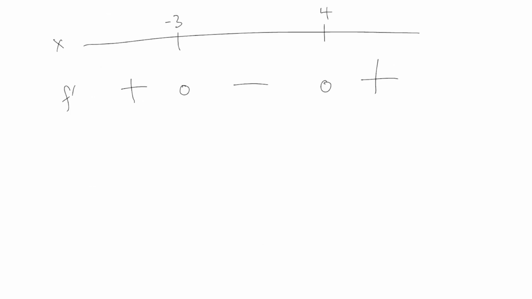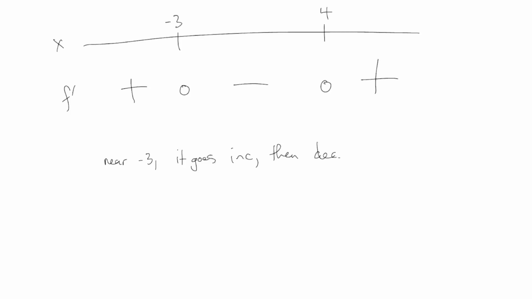For example, look at negative 3, right? Near negative 3, it goes increasing and then decreasing. If you look at this chart from left to right, we have increasing followed by decreasing. That means the function increases until it gets to negative 3 and then decreases again.